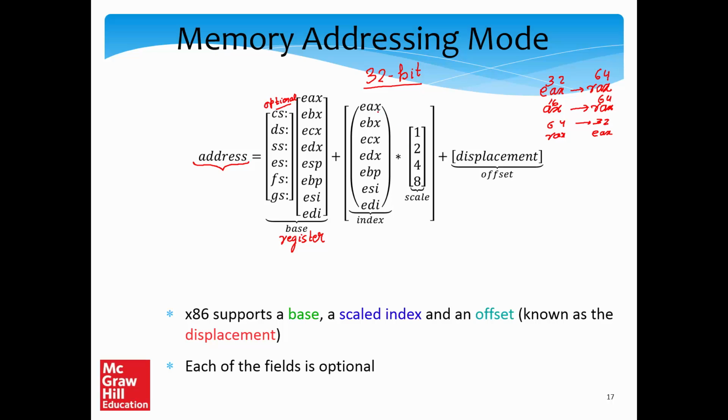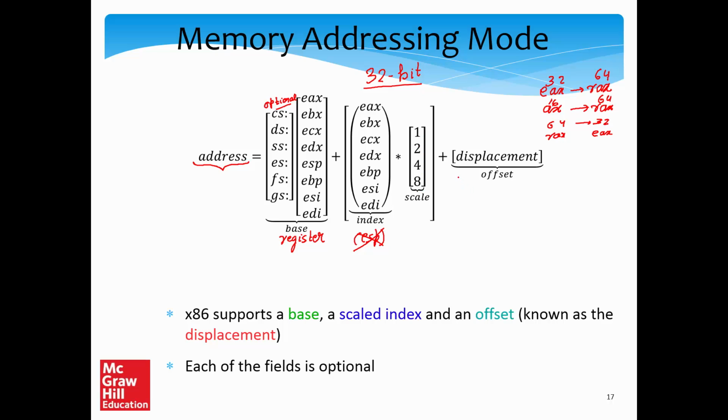In this case, the index can be any of the first 8 registers other than ESP. The ESP, the stack pointer, cannot be used as an index. Let me write that: other than ESP or the stack pointer. All the other 7 registers can be used as an index, and optionally they can be scaled by a factor of 1, 2, 4 or 8.